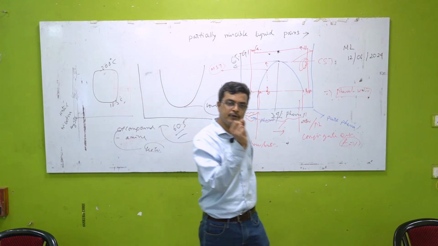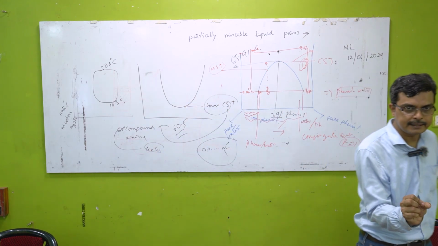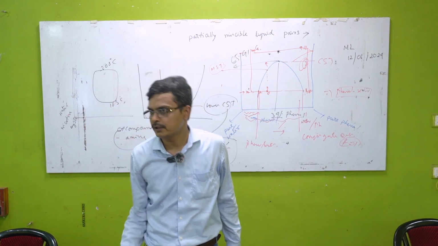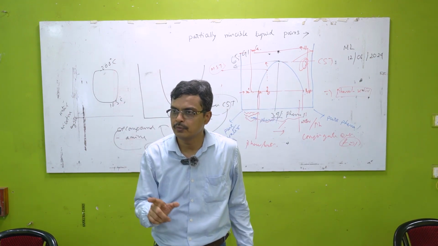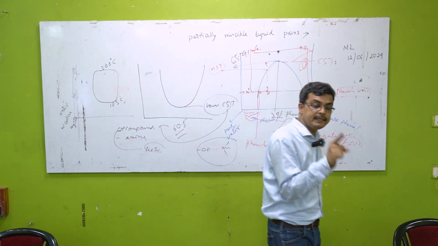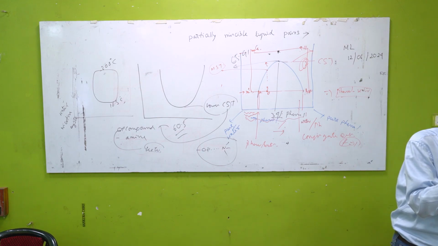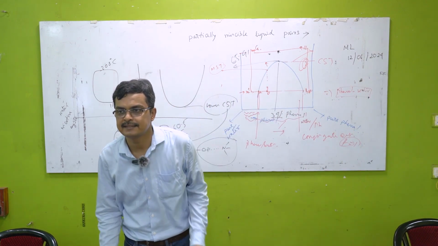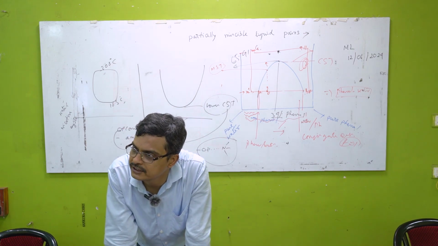If you are adding impurity from outside into the phenol water system, or any partially miscible liquid pairs, what do you see? When the impurity is present in only one liquid, suppose you are adding KCl into the phenol water system, KCl is soluble only in water.